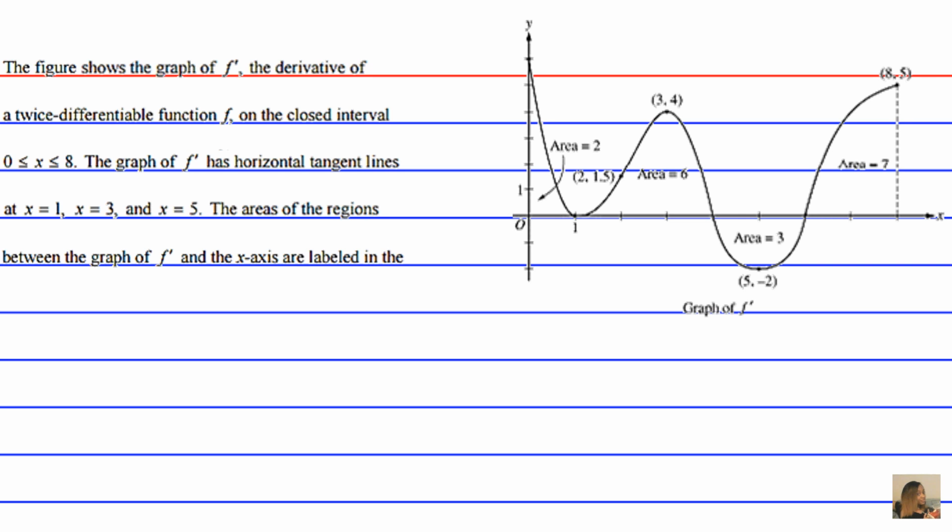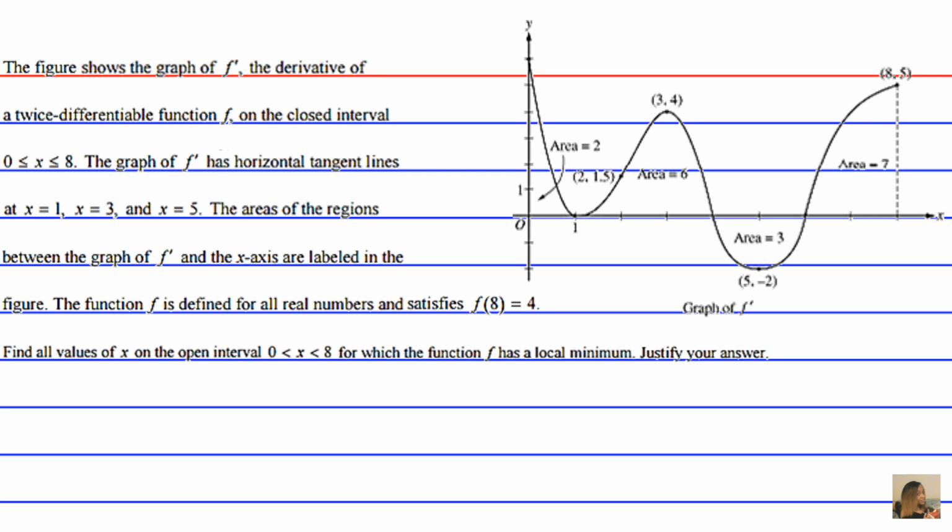The areas of the regions between the graph of f prime and the x-axis are labeled in the figure. The function is defined for all real numbers and satisfies f(8) = 4.